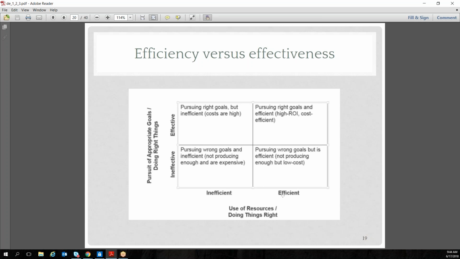The second case is that we are ineffective but efficient. This means pursuing wrong goals but being efficient: not producing enough but at low cost. Our goals are not correct although we are efficient. Our car is consuming less fuel, but we don't know which direction to move in. The third case is that we are inefficient but effective.